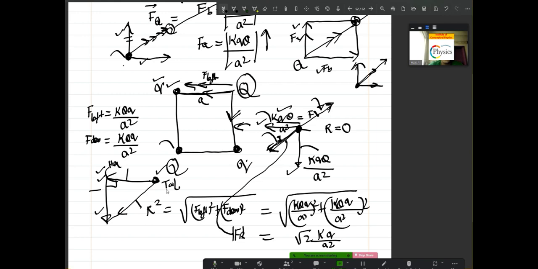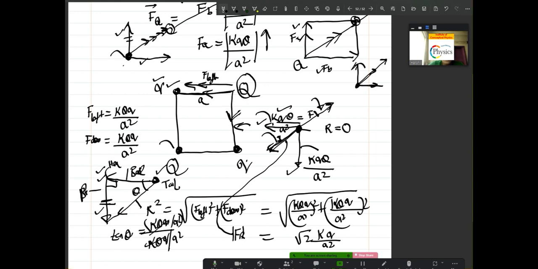If you want to find the direction of this force, which is this angle, let's say theta. So tan theta will be equal to perpendicular divided by base. I am going to write tan theta is equal to KQQ by A square divided by KQQ by A square. I have written the magnitude of the leftward force and downward force as a perpendicular and a base.